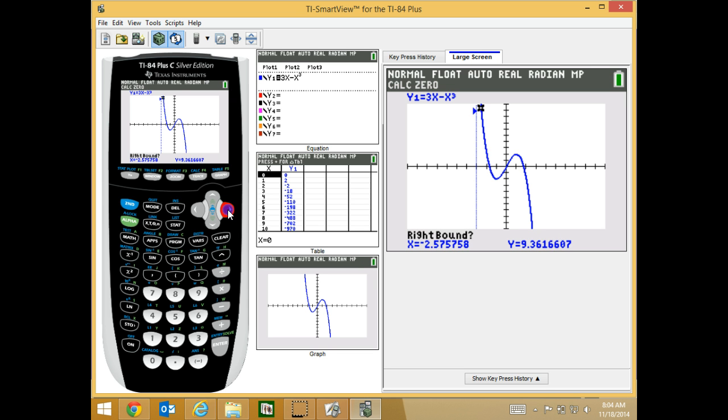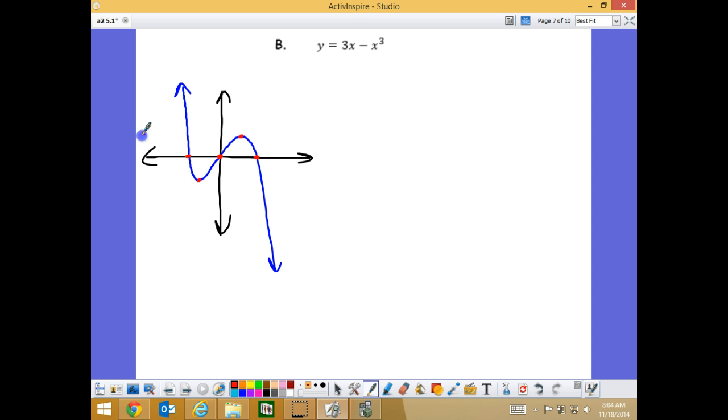Left bound. And I'm going to right arrow until I'm to the right of that. And to calculate that, my first x-intercept is the point about negative 1.73. So I'm going to go back to my graph, and that's negative 1.73, 0.